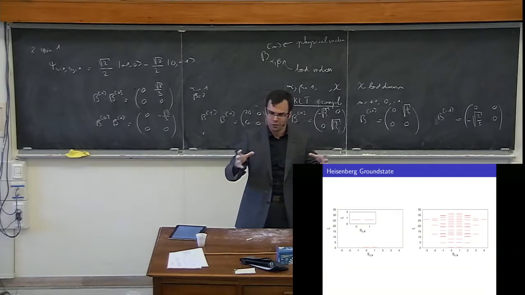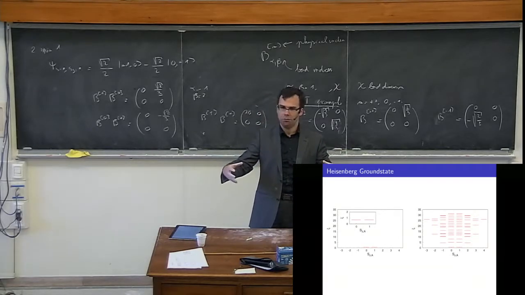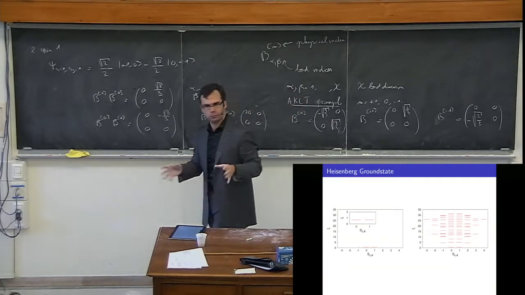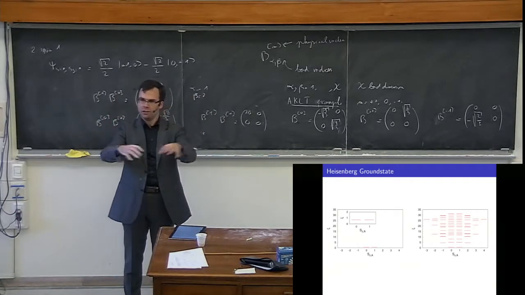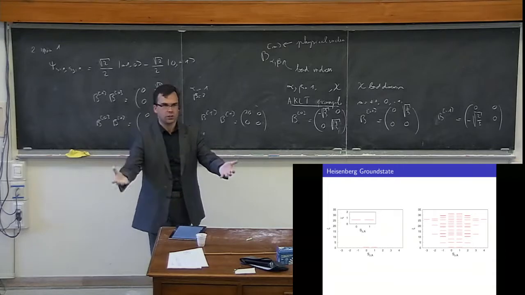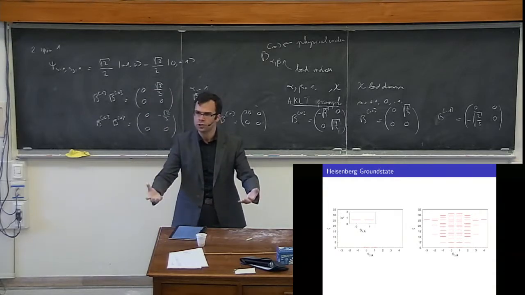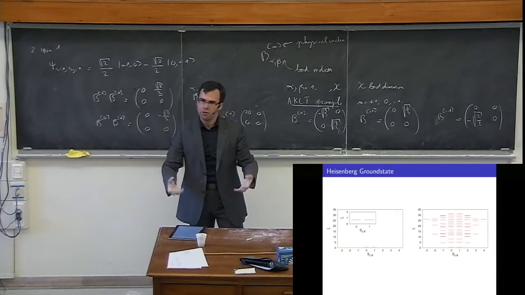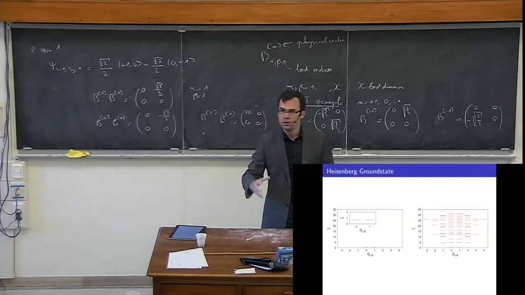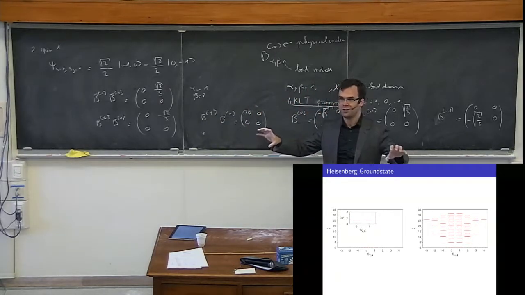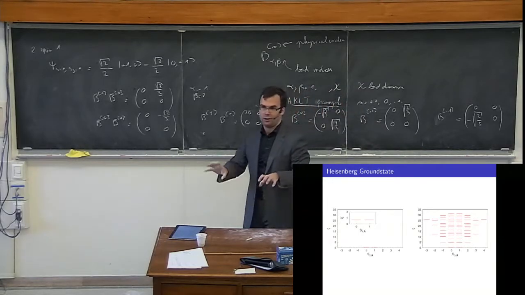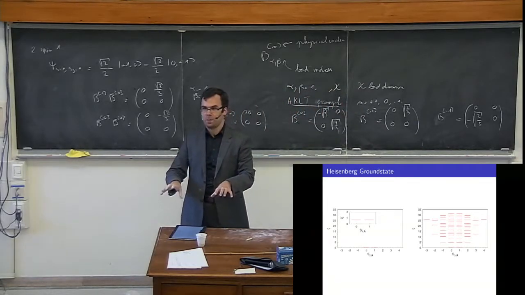Usually if you have a microscopic model, let's say even the Heisenberg model, there is no way you can write down the exact ground state analytically for any system size. I can still do numerical simulation, and I can do DMRG. DMRG is just an algorithm that works within the framework of MPS. So it looks for an MPS that minimizes the energy of my system.